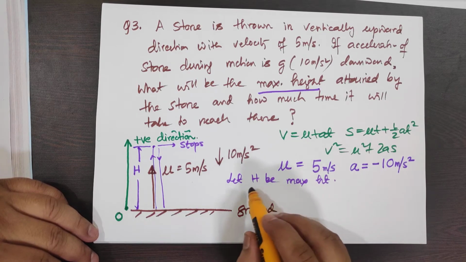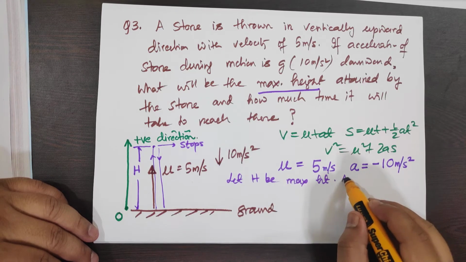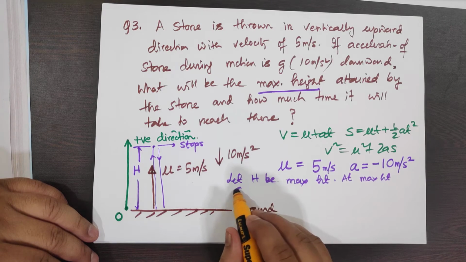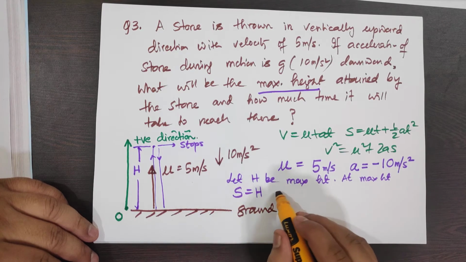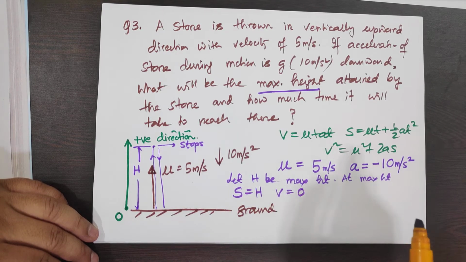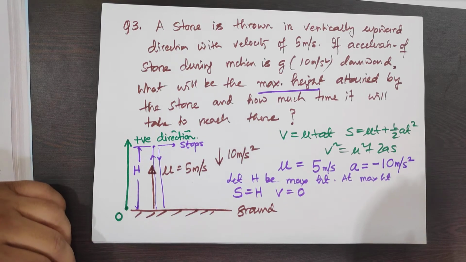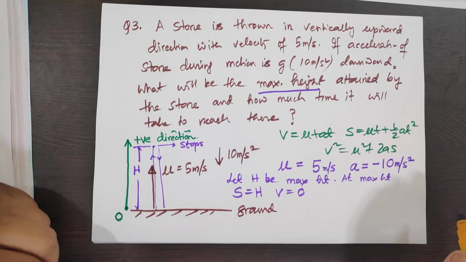At maximum height, the displacement is equal to h and velocity is equal to 0. It stops momentarily at the highest point. Then you have to find h.